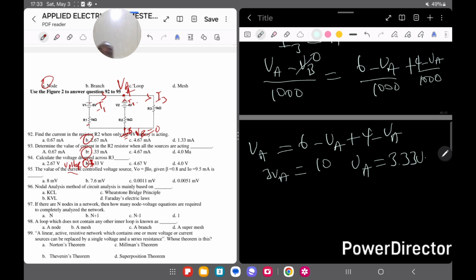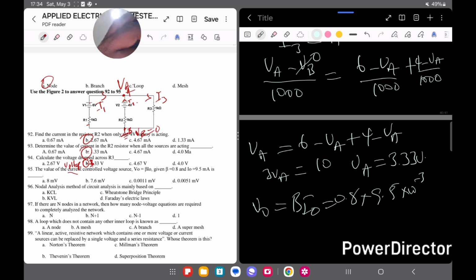So when you are given beta, you just replace this. So V0 here is what? Beta I0, and beta is 0.8 and then I0 is 9.5 times 10 to the minus 3 because that's milli. So you just take 0.8 times 9.5.